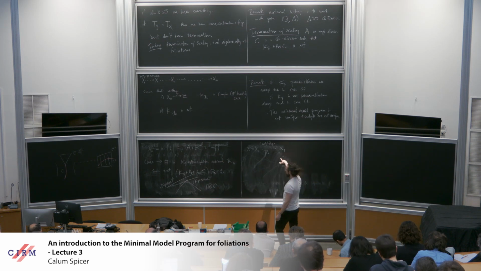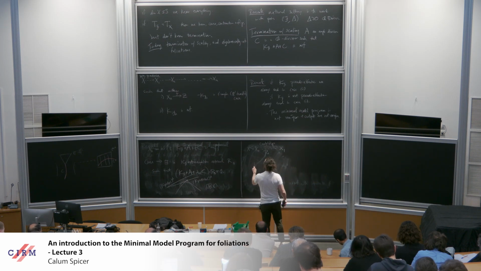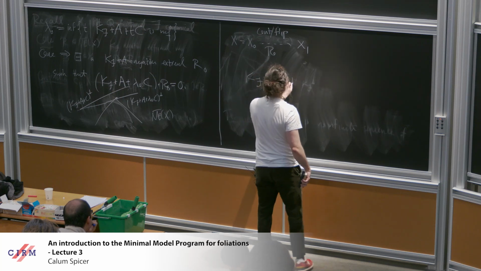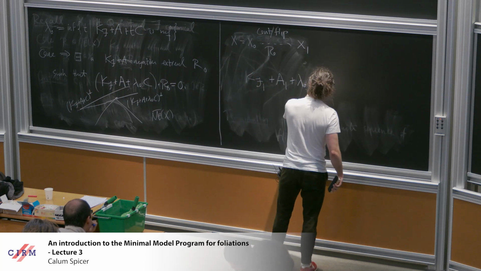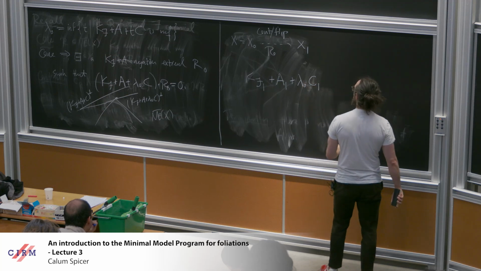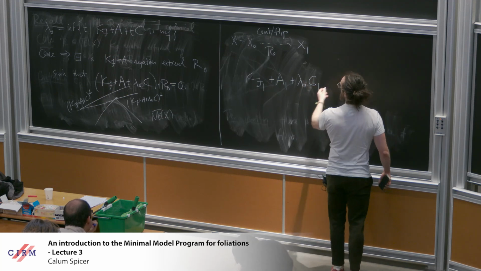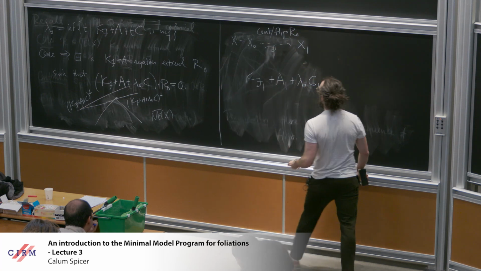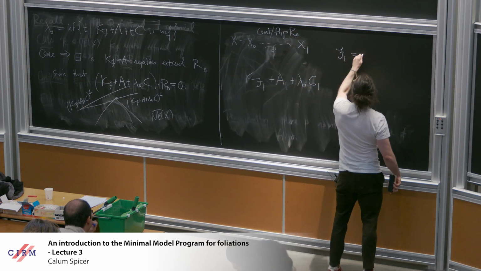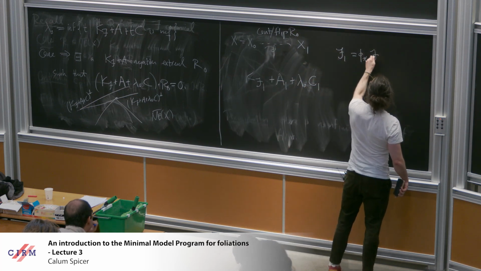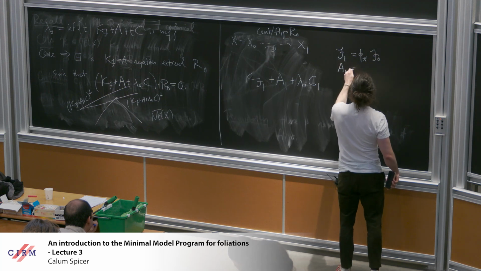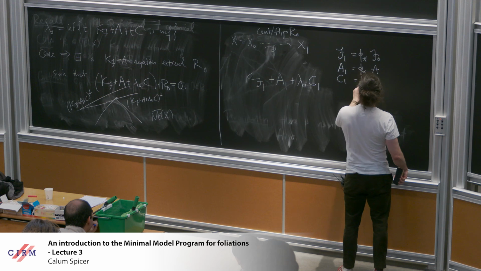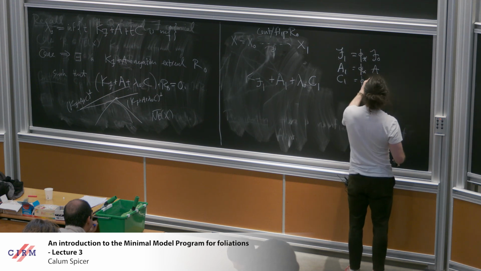But now, what's true is that kf1 plus a1 plus lambda naught c1 is nef again. If we call this map phi, f1 is just the push forward of f naught, a1 is just the push forward of a, and c1 is just the push forward of c.